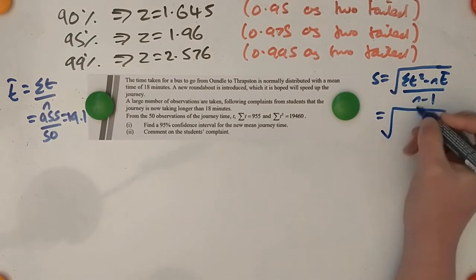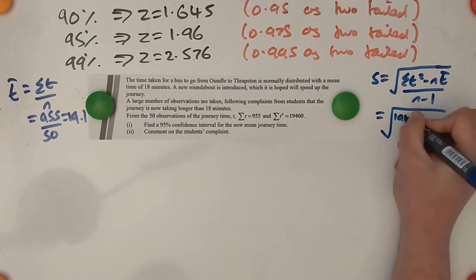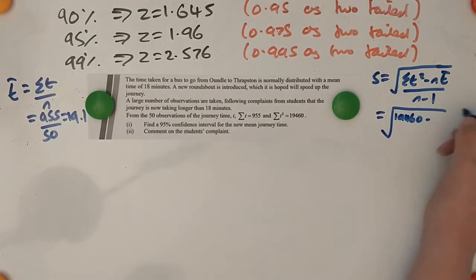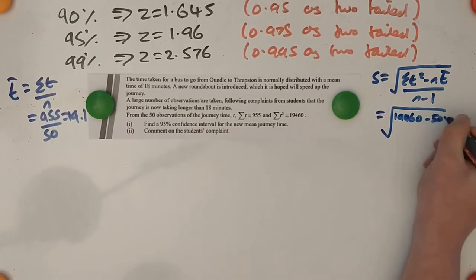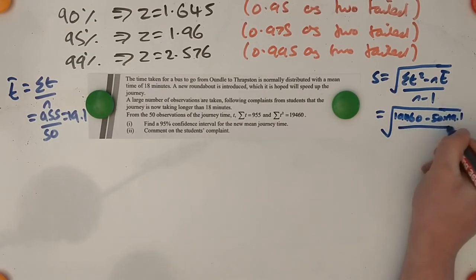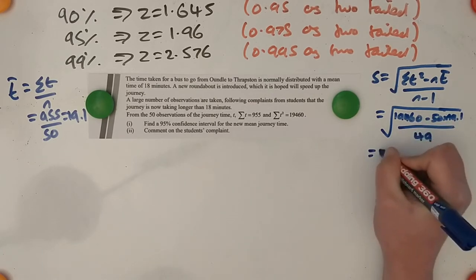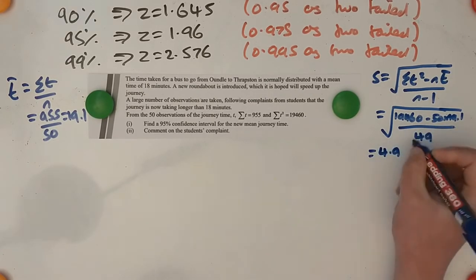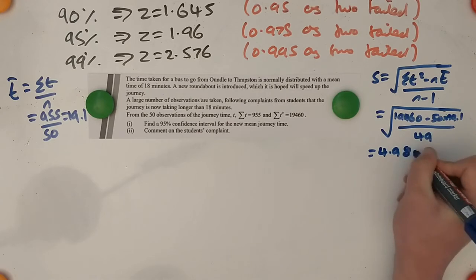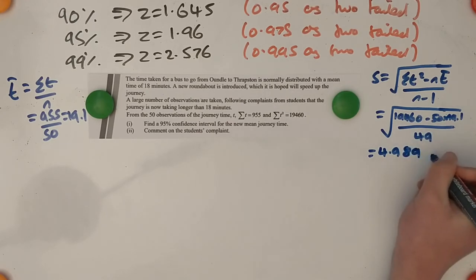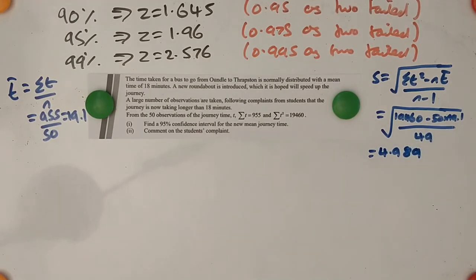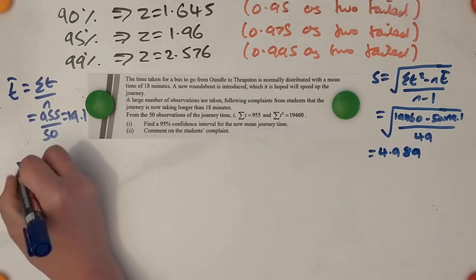So that's the square root of 19460 minus 50 times 19.1 squared, over 49, which gives me 4.989 roughly.